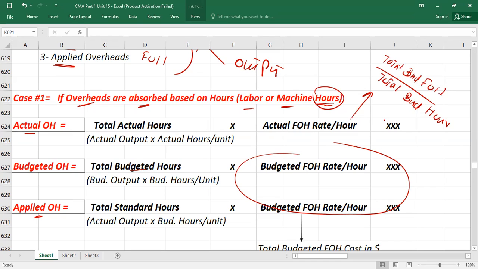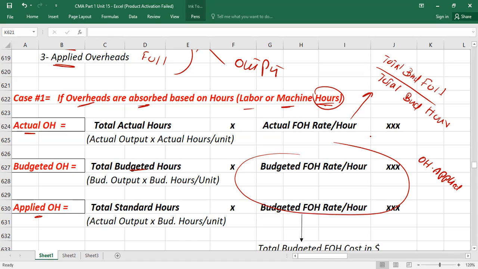But in fixed overhead, he can use these words as well: budgeted rate, standard rate, overhead applied rate, and also overhead absorbed rate or overhead absorption rate. Overhead absorption rate, overhead applied rate, budgeted rate, standard rate. All these things are the same one.